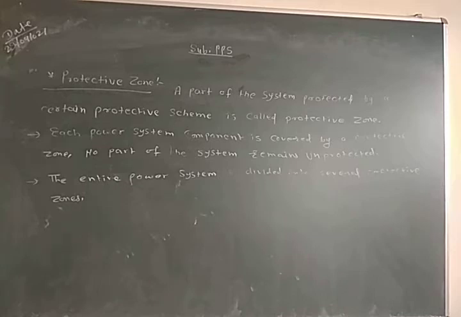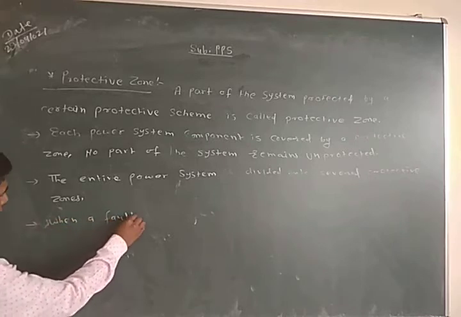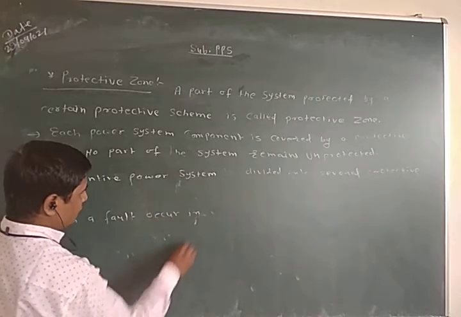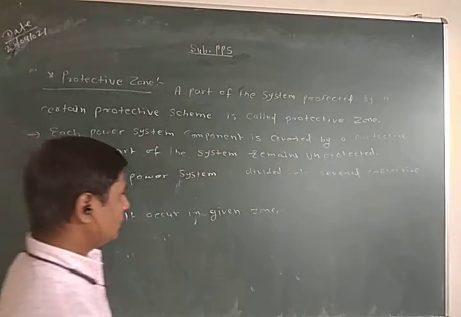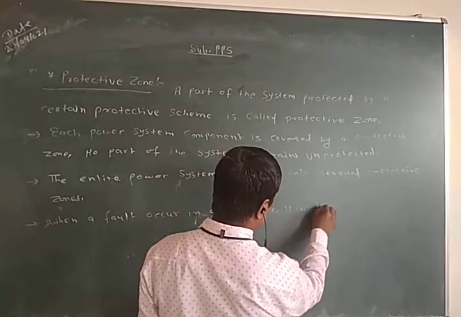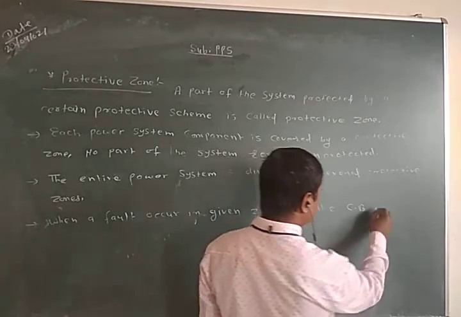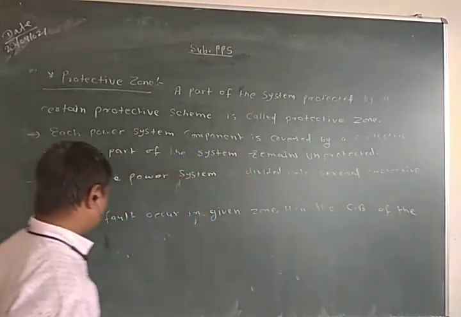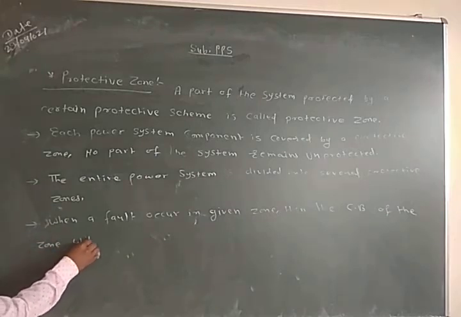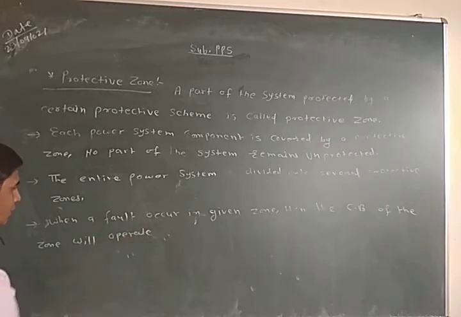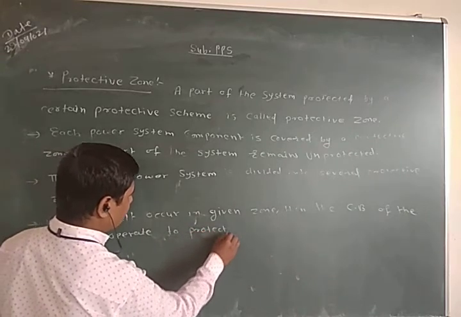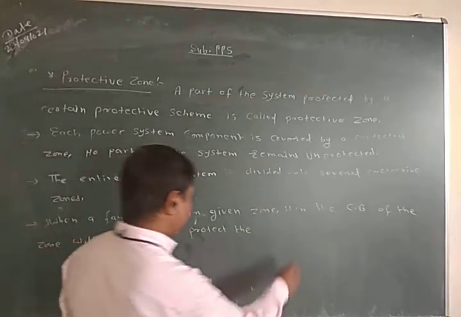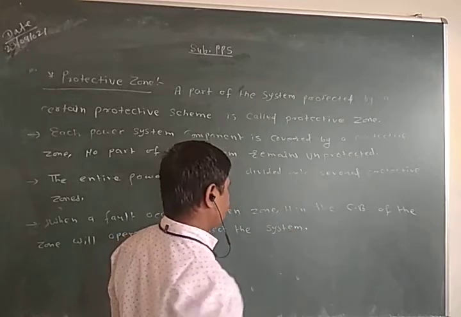When a fault occurs in a given zone, then the circuit breaker of that zone will operate to protect the system or component.